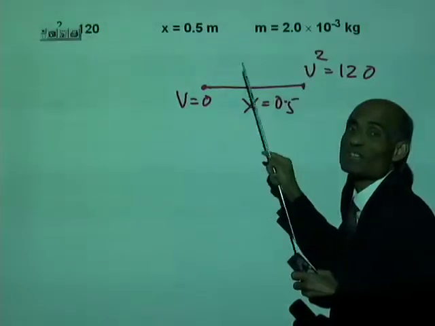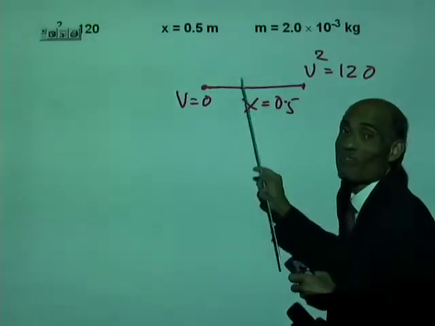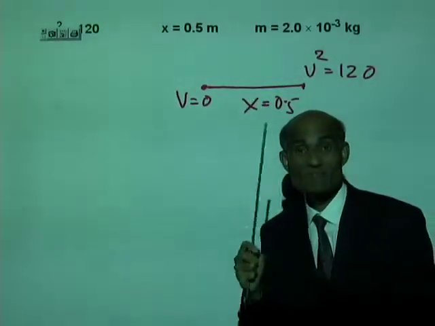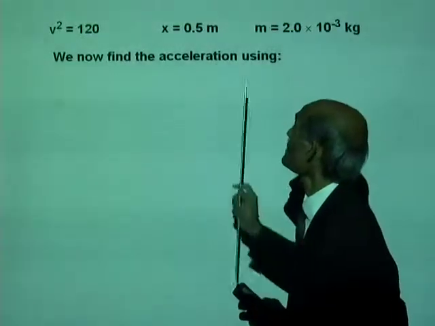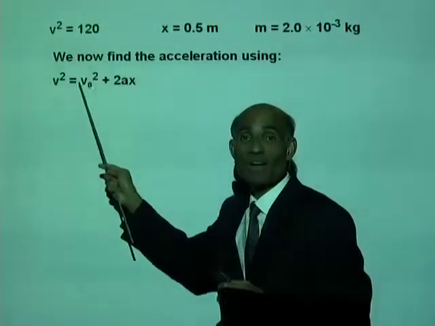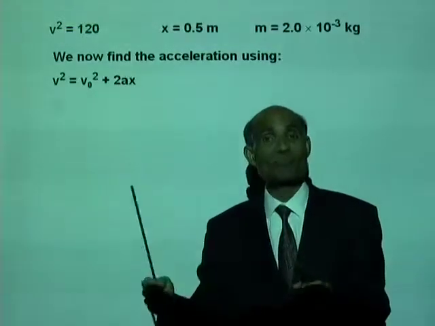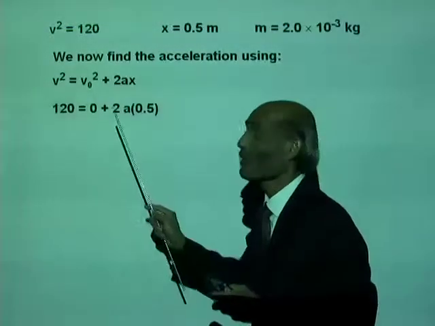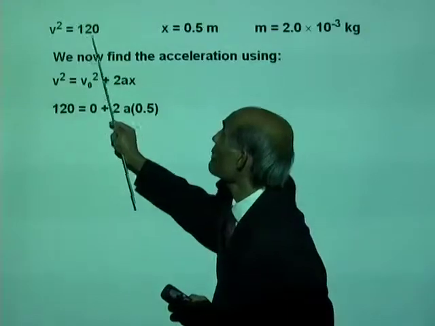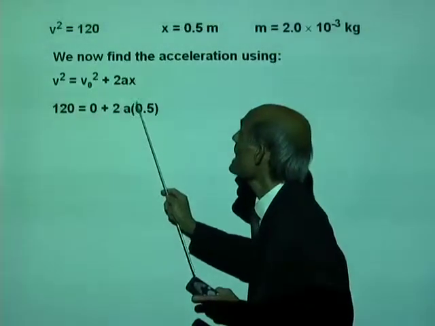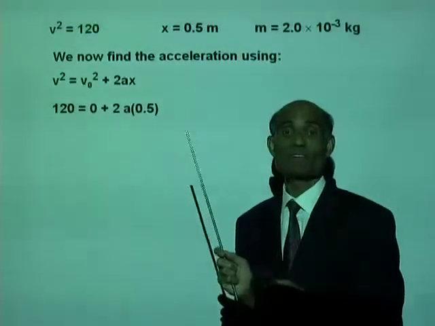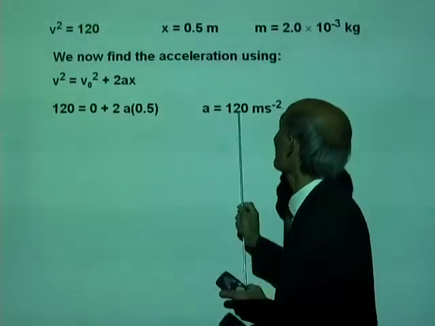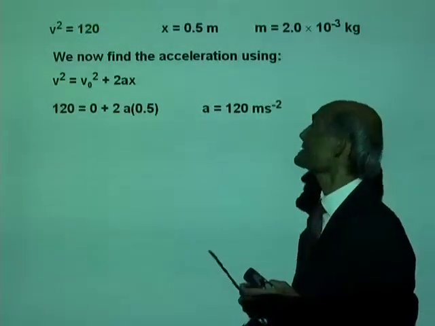Is there a relation connecting initial velocity, final velocity, displacement, and acceleration? Yes, we have. We now find the acceleration using the relation v squared equal to v0 squared plus 2ax. v0 is 0. Therefore, 120, v squared is 120 equal to 2a times x is 0.5. And I can now calculate the acceleration. Therefore, a equal to 120 meter per second squared.